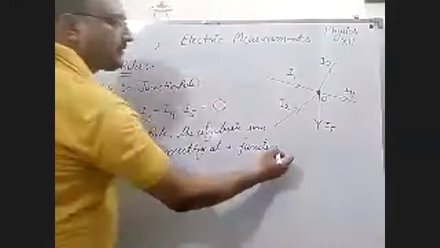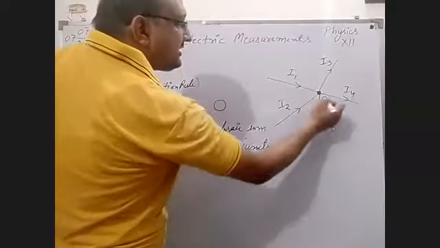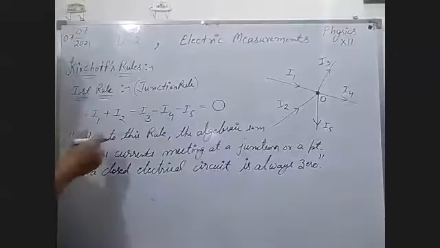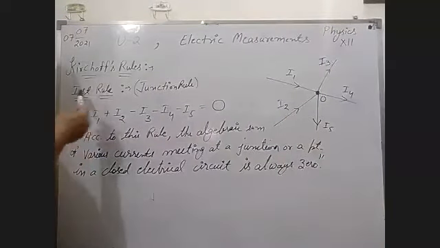What is junction here? Junction is this point O. This is the statement of Kirchhoff's first rule.